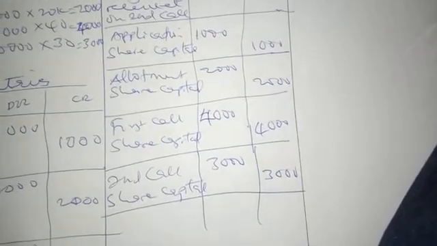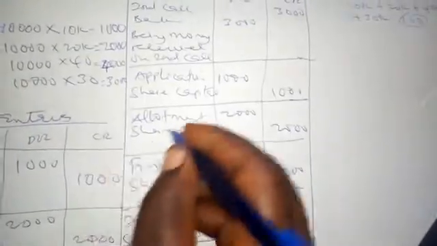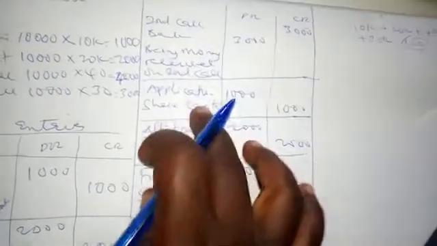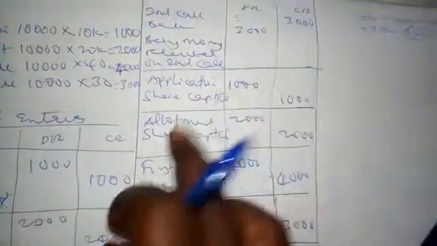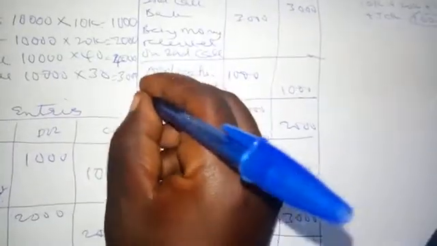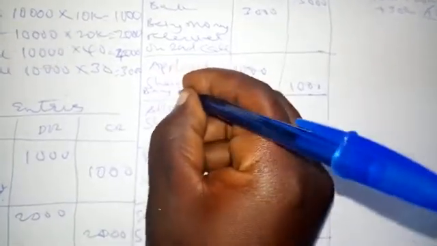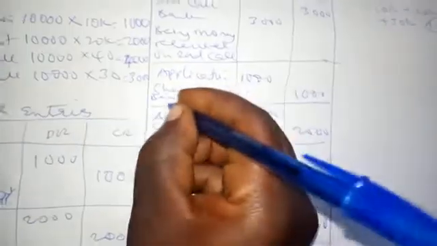So remember that this one you have narration: being money received on application.